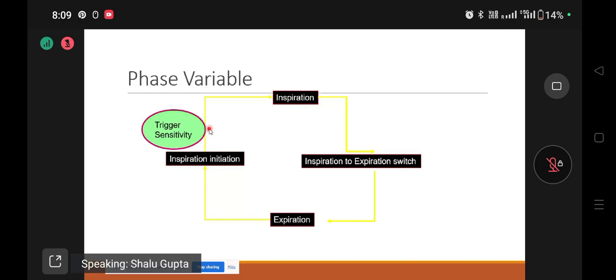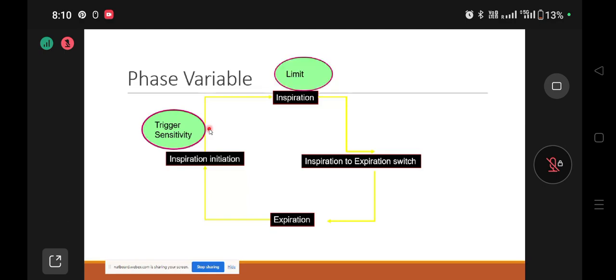By that I mean a particular time has elapsed. Suppose you put in an inspiratory time of X seconds. After those X seconds have expired, the ventilator automatically knows that expiration has occurred, and after that time period, it would automatically initiate an inspiratory breath. So this is time triggered. It could be pressure triggered, it could be volume triggered.